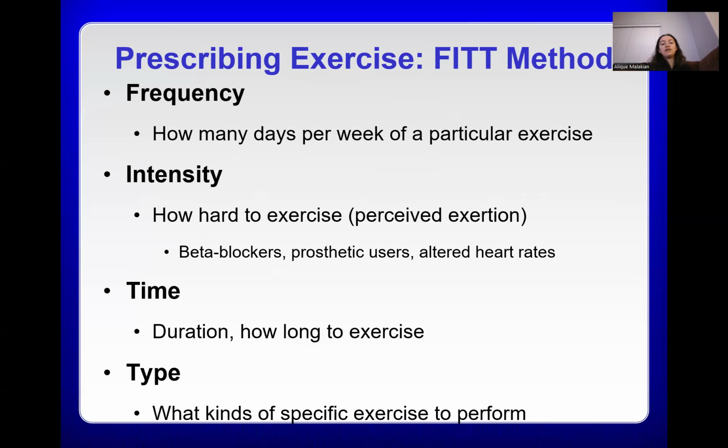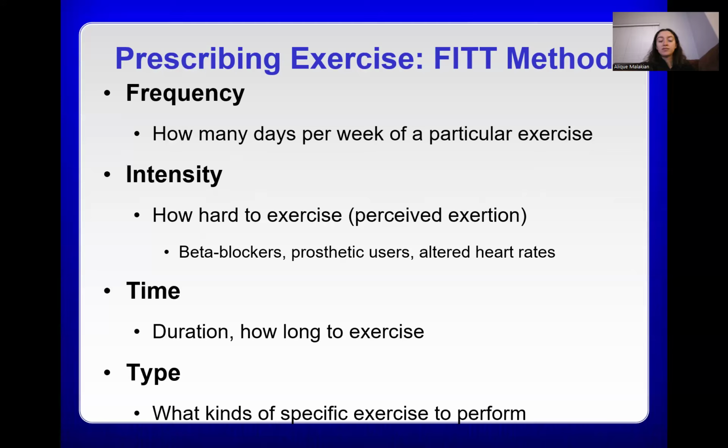But one thing I will mention is for intensity. So how hard someone exercises. We'll talk about perceived exertion in a couple of slides, but the main concern with this, and we'll talk about it extensively with each condition we look at, is that there are various things that can alter someone's response to exercise. So, beta blockers, so if they're taking beta blockers as medication, then that impacts the way that their heart works, and you can't exercise at the same level as someone who isn't taking beta blockers, right?